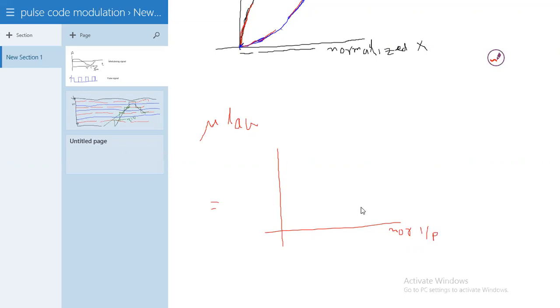At the output, at the y-axis, normalized output. We can represent z of x.